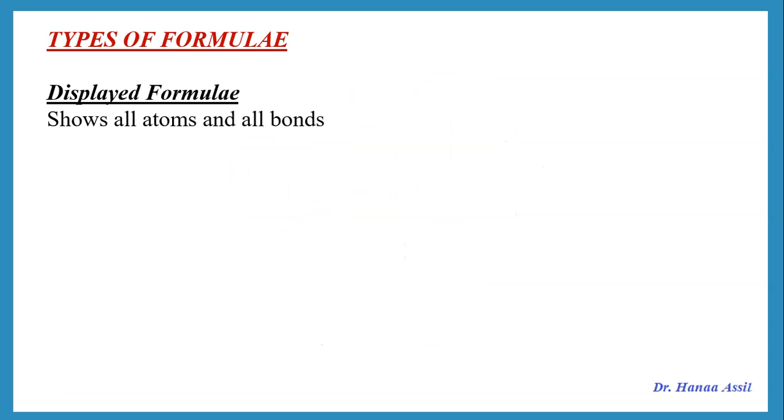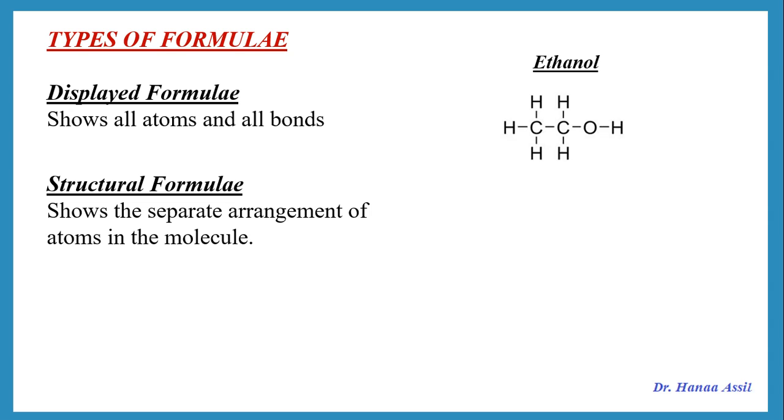So we know that there are different types of formula. We could be required to draw the displayed formula, and this shows all the atoms and all the bonds. So for example, if I'm trying to draw the displayed formula for ethanol, we said eth means 2 carbons, -ol means it has an OH. So this is the displayed formula showing all the bonds.